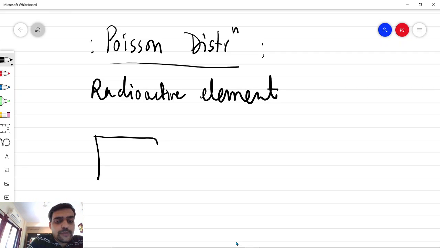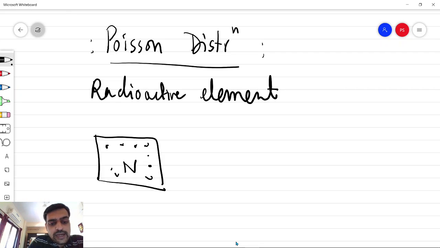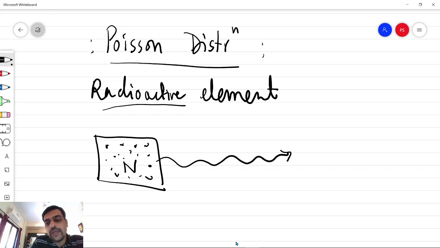A radioactive element contains a large number of atoms, say n, and at random any of these atoms being radioactive emits some particle, maybe alpha, beta or gamma, we don't know.